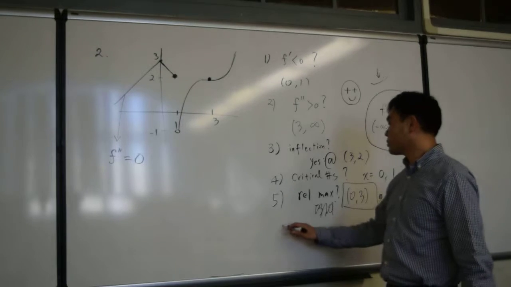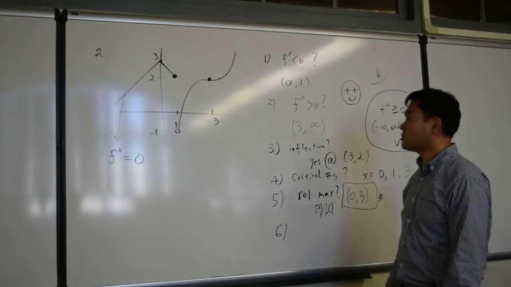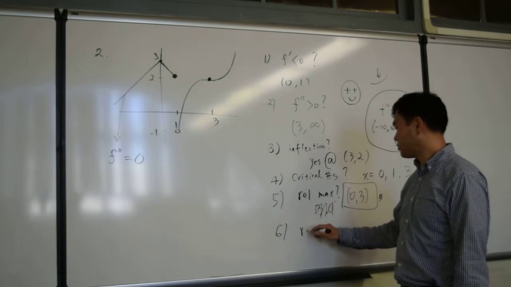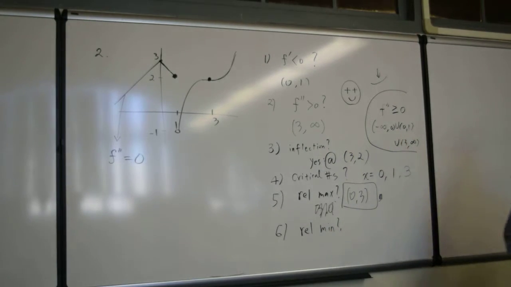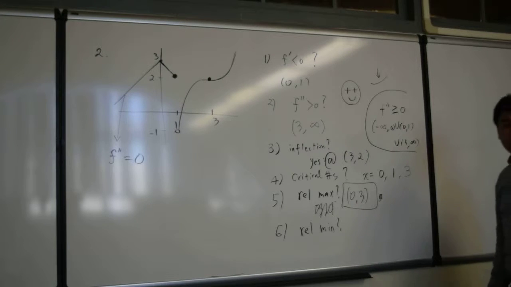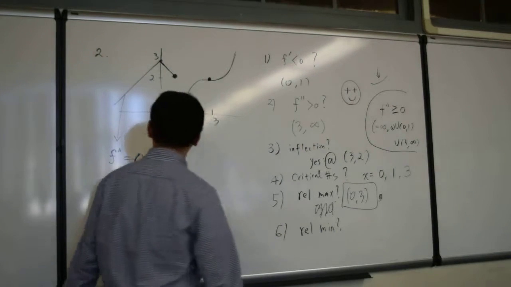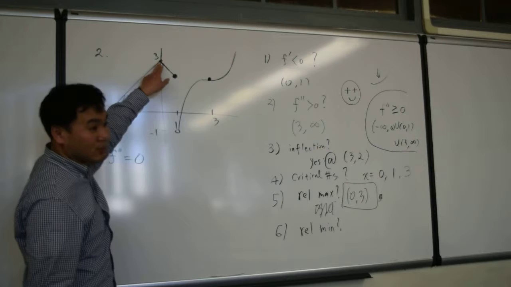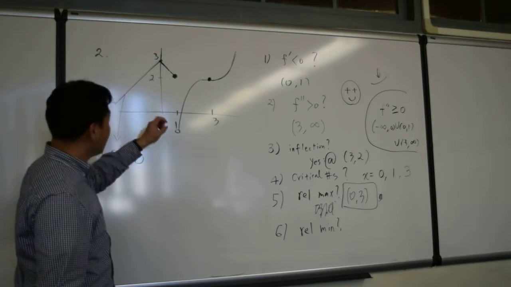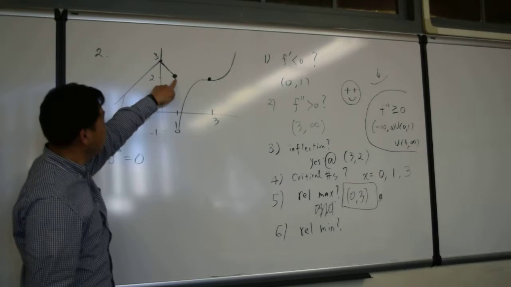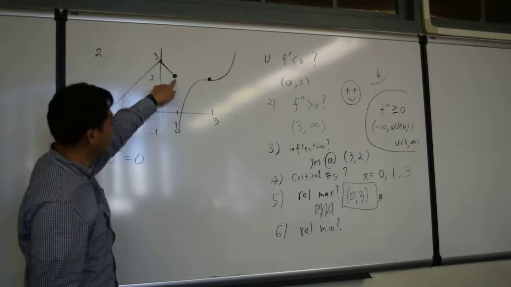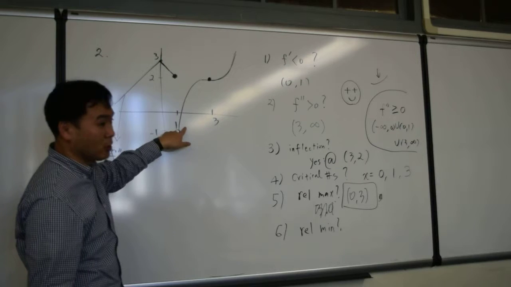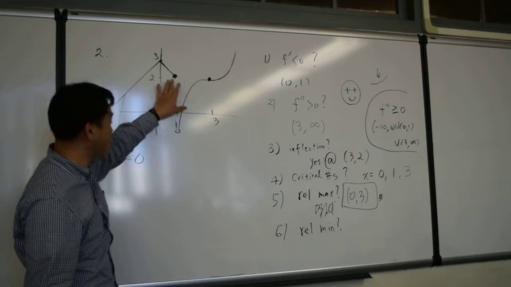Now, the last question is, does this have any relative minimum? Again, you have to look for the critical numbers. And since this is a relative maximum, that's out of the question. Here, if you go to the left, everything is above this point. But if you go to the right, things are below. So this cannot be a relative minimum.